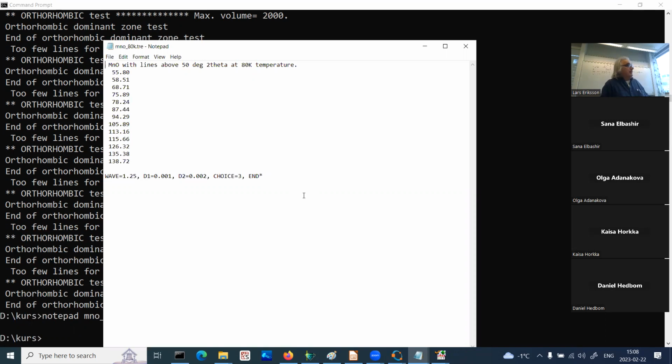Wavelength, otherwise it would assume copper wavelength. Label 1.002. The first error. I haven't written it.